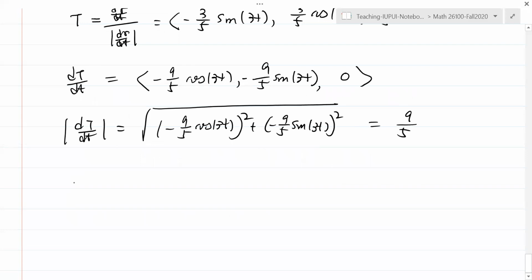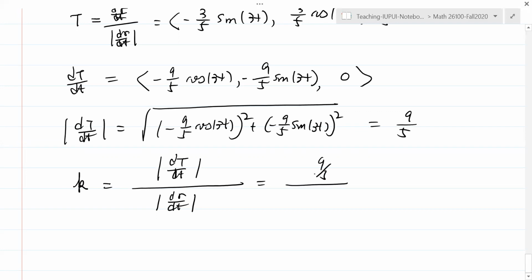So the curvature at a particular point, according to our formula, is going to be this. The numerator is 9 over 5, over 9. The denominator is 5.